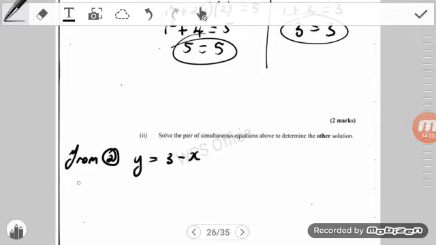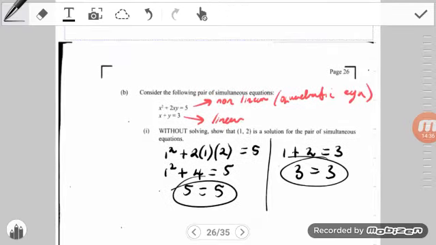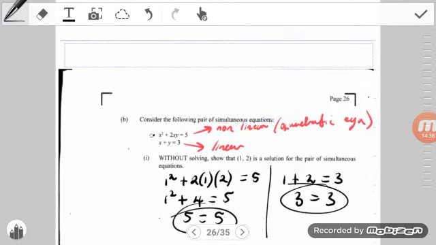I'm now going to substitute 3 minus x for y in equation 1. This is equation 1, guys. This is equation 2. I had created a third equation by using equation 2 to create y is equal to 3 minus x.